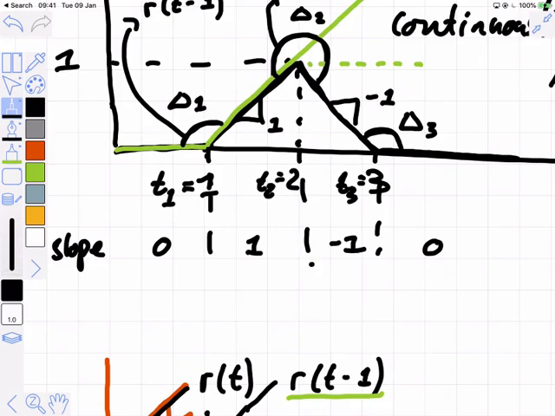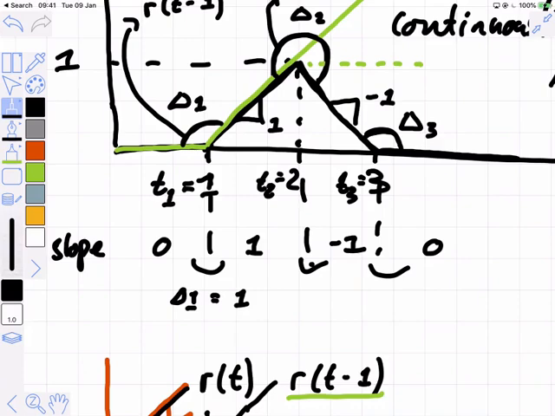And so the changes are the difference between the elements in the slope table, right minus left. Because we're moving from left to right, so we're going from a 0 slope to a 1 slope. That's a delta 1 of 1. And then here we're going from 1 to minus 1. The difference there is minus 2.